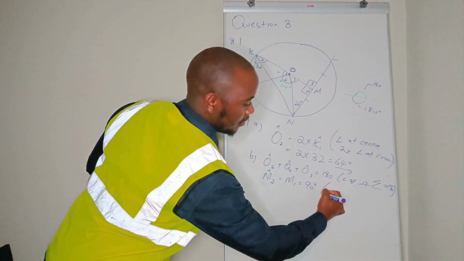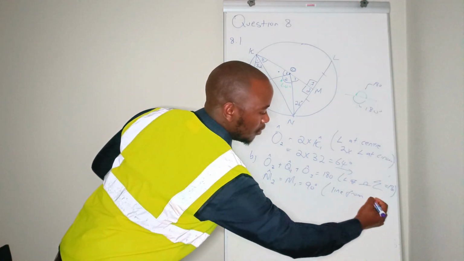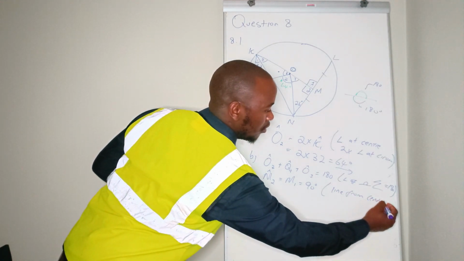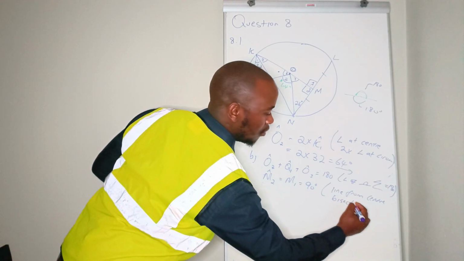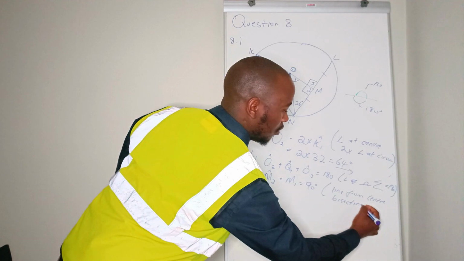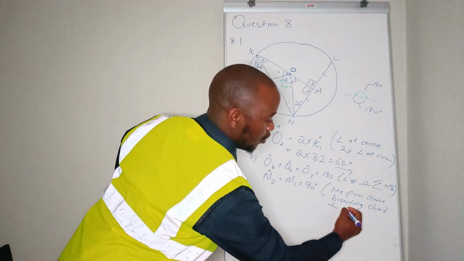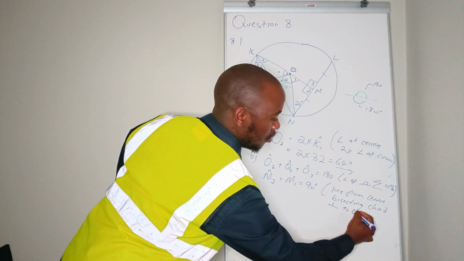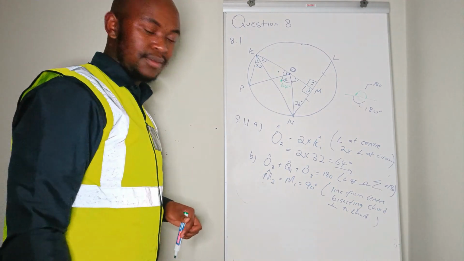So the reason is: line from center bisecting chord is perpendicular to the chord. Alright.